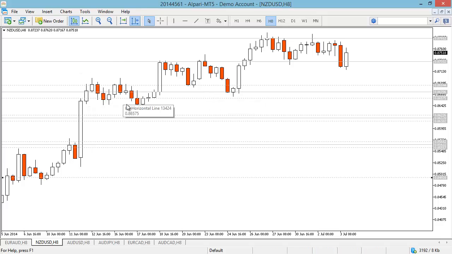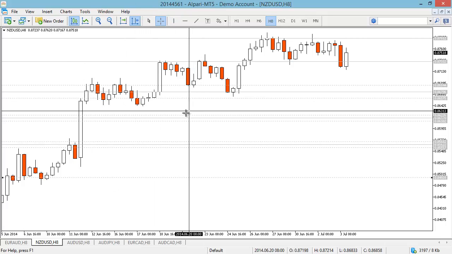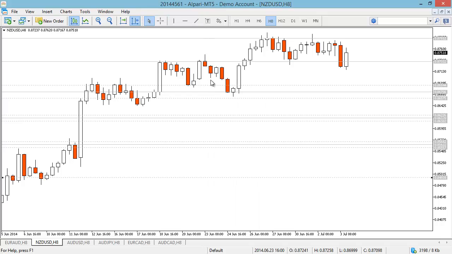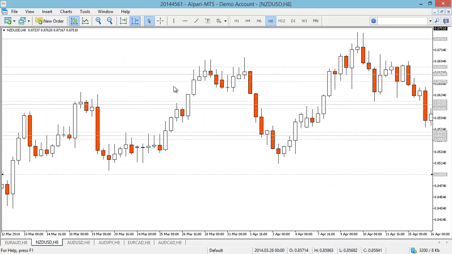Price tends to get stuck on top of the support resistance area. And when price gets here, it might bounce from 20 pips away from the center line. So I just make it a tiny bit wider just to remind myself that this is a pretty wide support resistance area. So let's just drag the chart back and check this out.